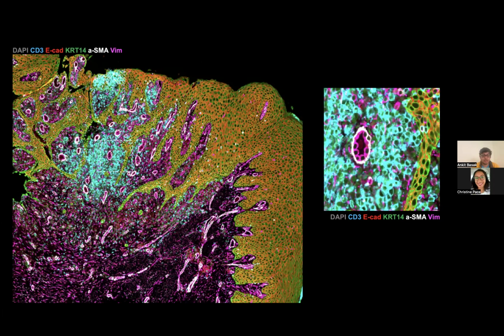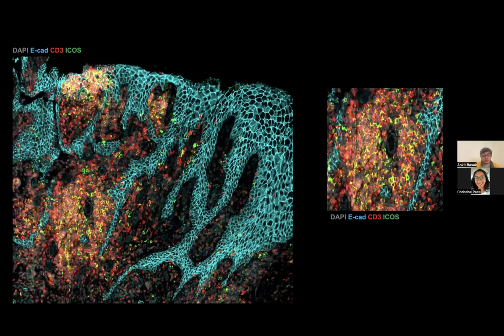This gives us an idea that there is some sort of deep biology happening that is making these immune cells infiltrate into normal stromal regions, which is probably driving the inflammation. To look into it more, we stained for this marker in green called ICOS, which is a marker for inflamed T cells.